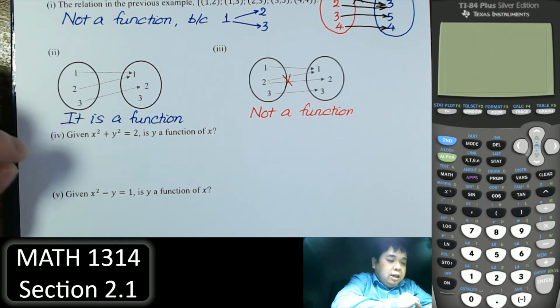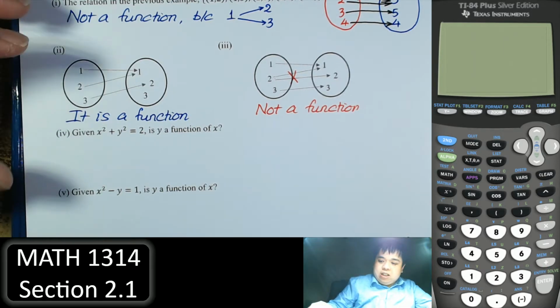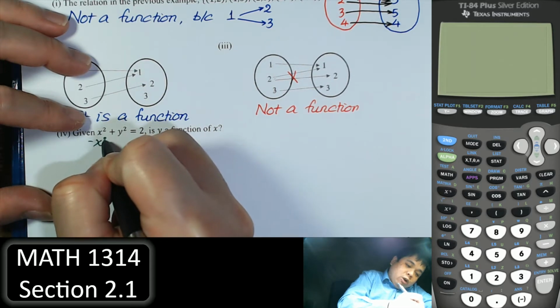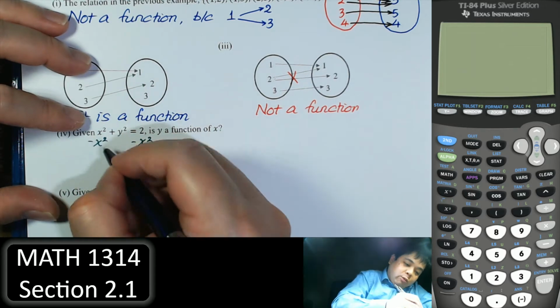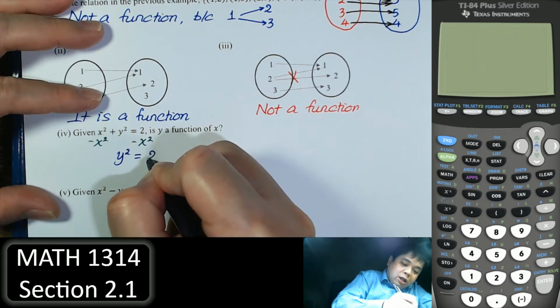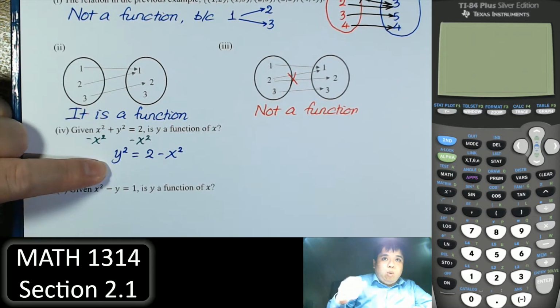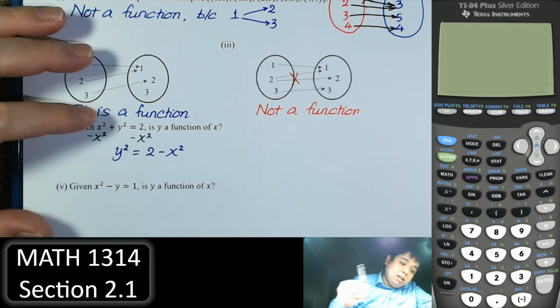Right, next. Given x squared plus y squared equals 2, is y a function of x? In this case, we simply solve for y like we did before. I will subtract x squared on both sides, so we have y squared equals 2 minus x squared. To get y, because here we have y as a function of x, we solve for y in terms of x.